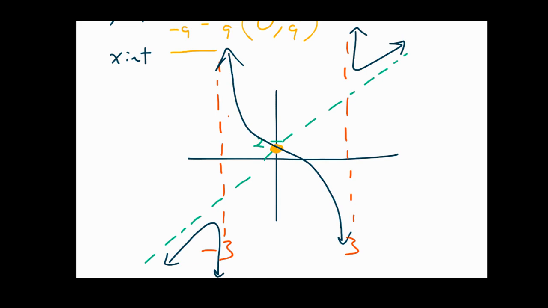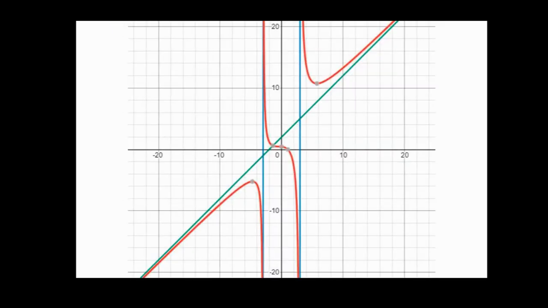And so it's a very common behavior for a graph to cross a slant asymptote in the middle. Now, you can put these asymptotes in Desmos by typing in x equals plus or minus 3 and by typing in y equals x plus 2, and you'll see the exact same features. You'll see the graph fitting nicely through those features.